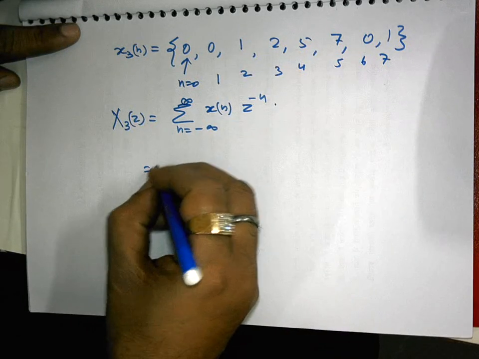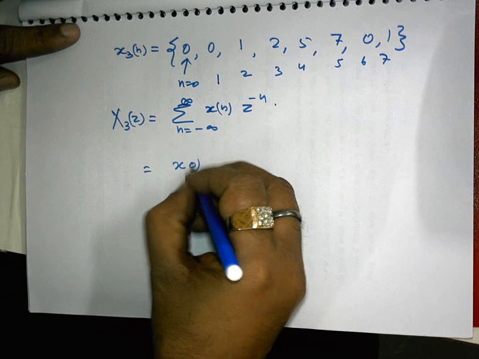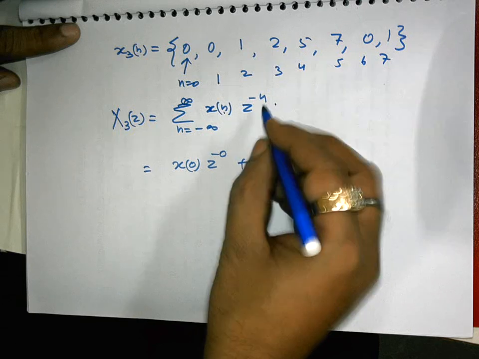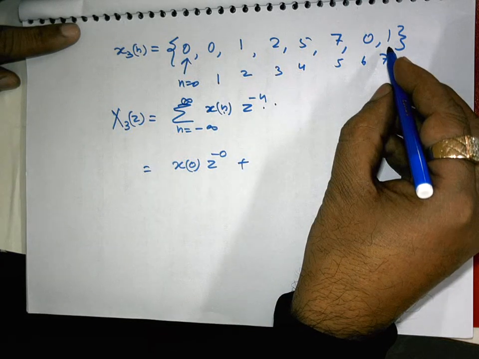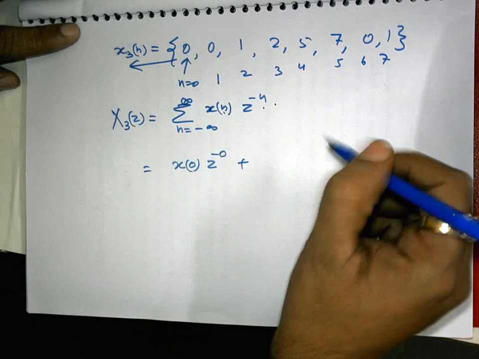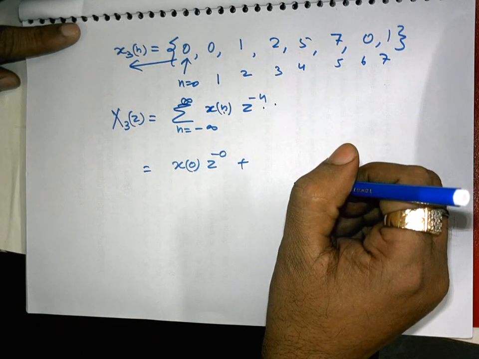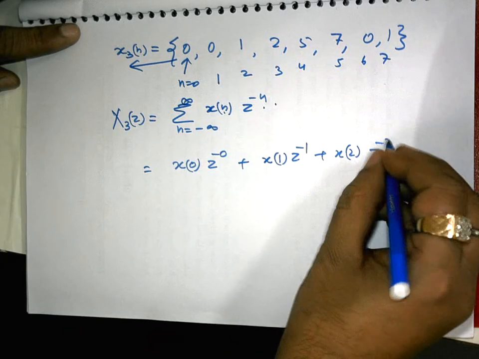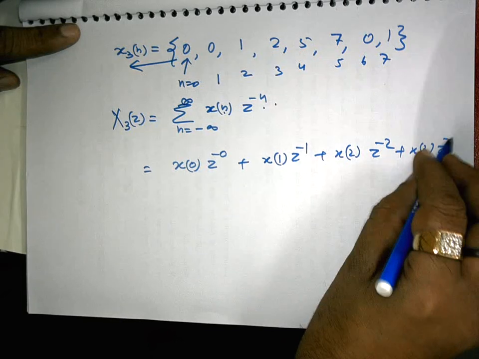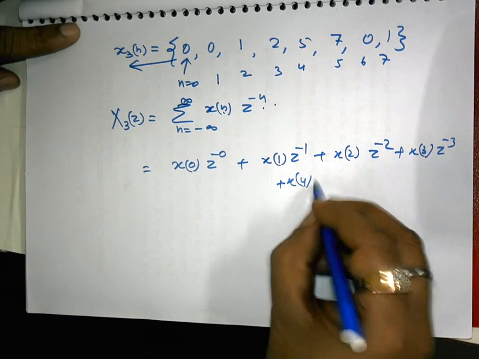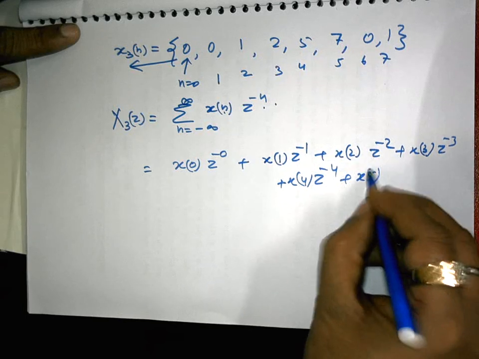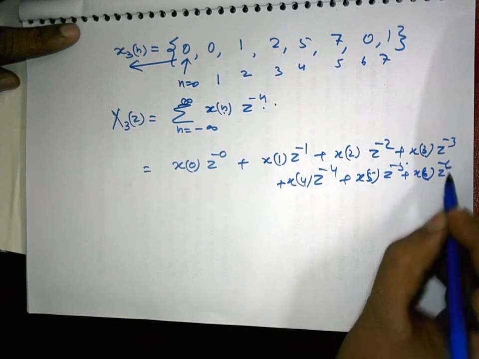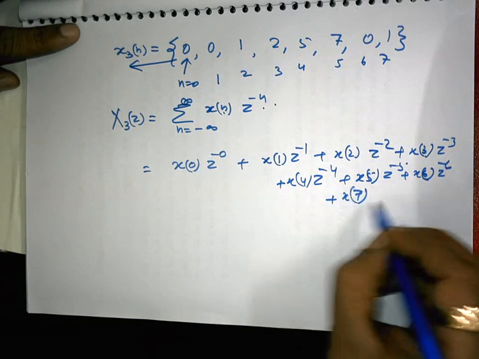So what comes out is x[0] z to the power minus 0, plus, because this is meaningful only for n greater than or equal to 0, because there is no value for n less than 0, x[1] z to the power minus 1 plus x[2] z to the power minus 2, x[3] z to the power minus 3 plus x[4] z to the power minus 4, x[5] z to the power minus 5, and so on, x[6] z to the power minus 6, and x[7] z to the power minus 7.